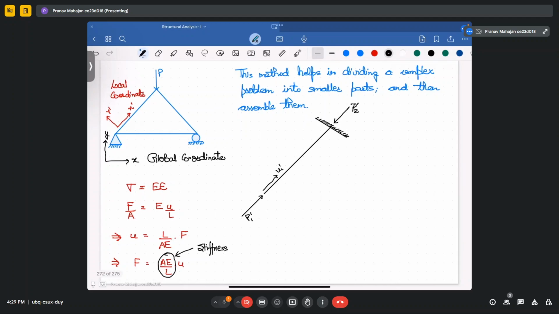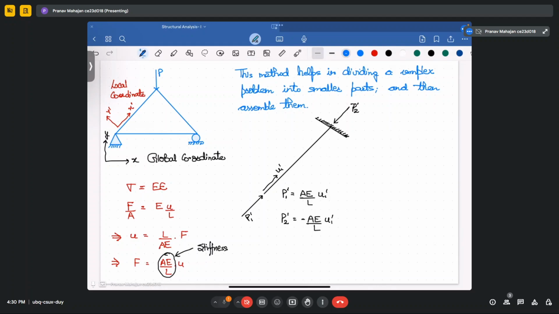So in this case, your P1 dash will be equal to AE upon L into U1 dash, and your P2 dash will be equal to minus AE upon L into U1 dash, because this P2 is derived from the force that is acting in the direction of the applied load. P2 is your reaction component, which is opposite to the direction of the applied force, and that's why the minus sign came into the picture.